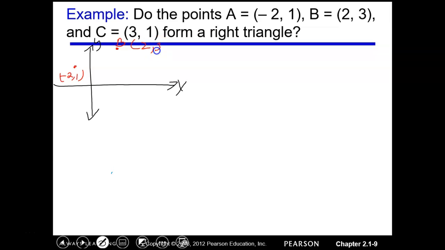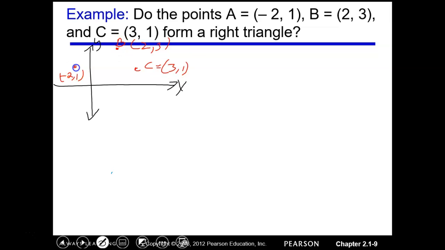Then point C is 3, 1. So 2 is here, so 3 will be a little further, and then 1 is on the same level as the 1 here, but a little further to the side. So this is point C, 3, 1.